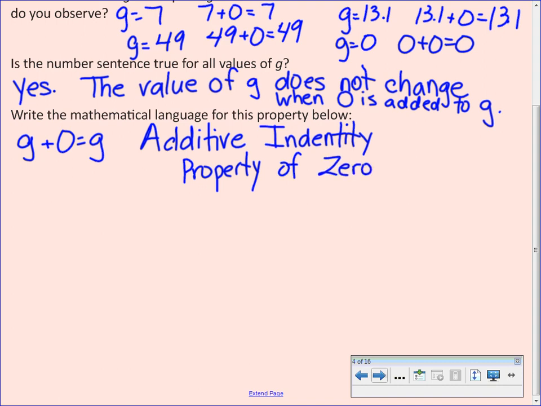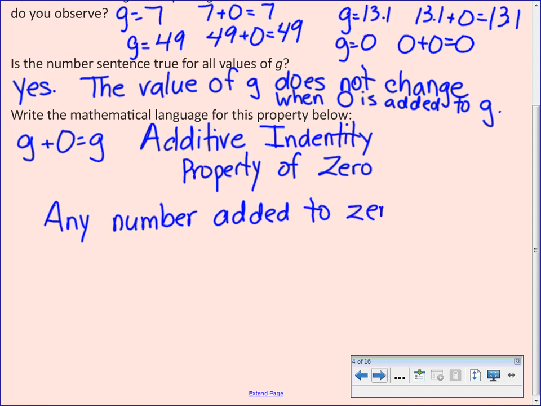So whenever I add 0, I keep my identity. So any number added to 0 equals itself.